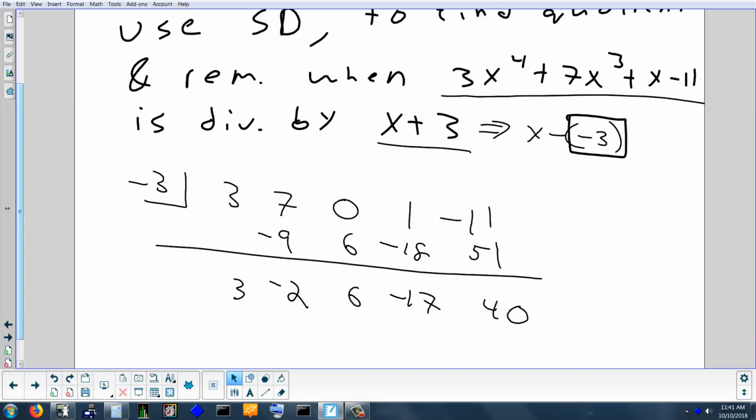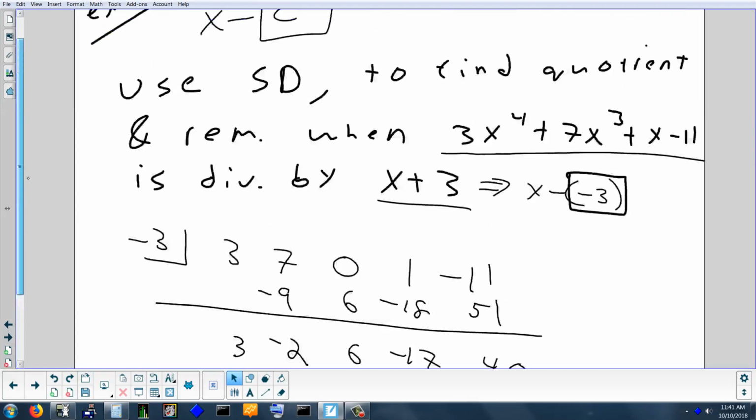And that's it. That's the whole problem, not having to use long division. Let me just double check that we did it right. Actually, I might have just made this one up. Yeah, I just made this one up.